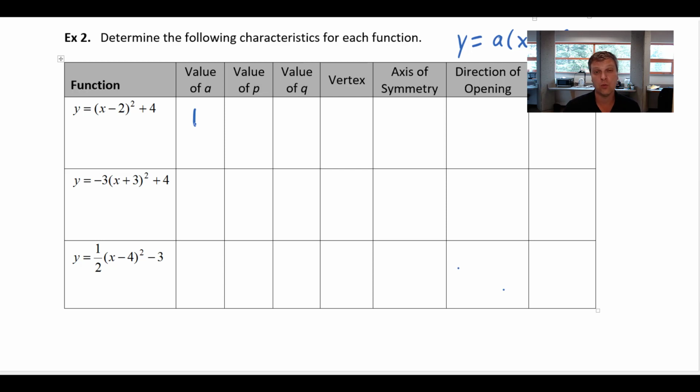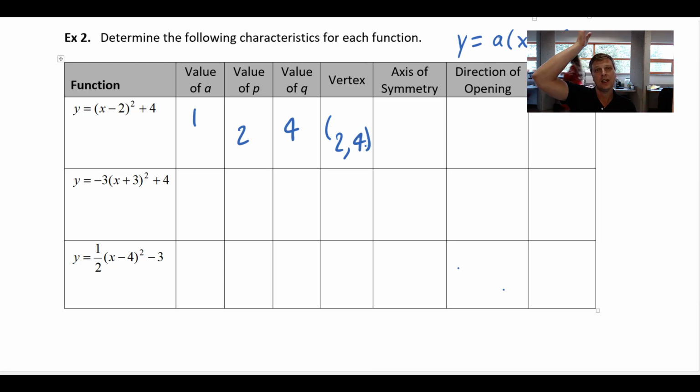So the value for a would just be 1. P, it's tempting to say that p is negative 2, but remember that there's a negative sign already built into that equation. So the value for p in this case is just 2 because we're subtracting positive 2. The value for q is this one at the end here, which is 4. And our vertex is just going to be the location of p and q, which is 2, 4.